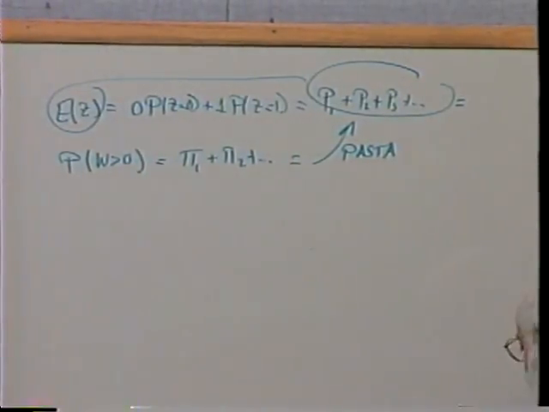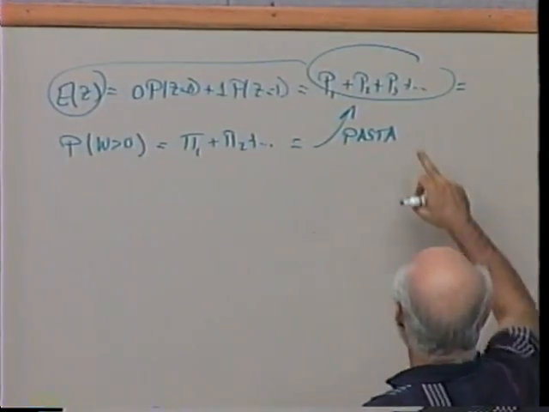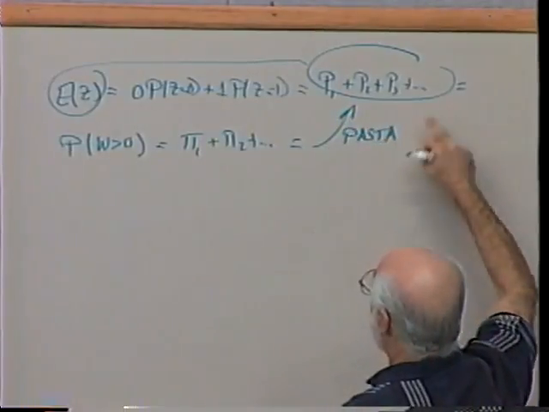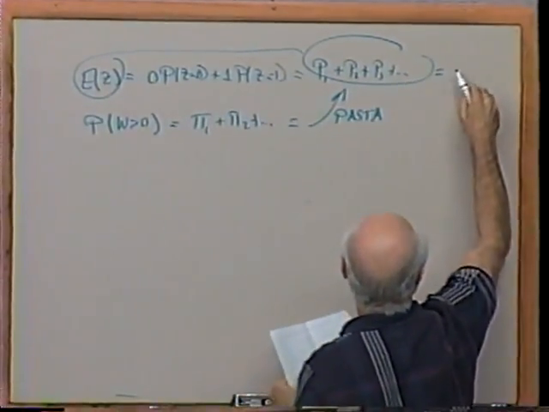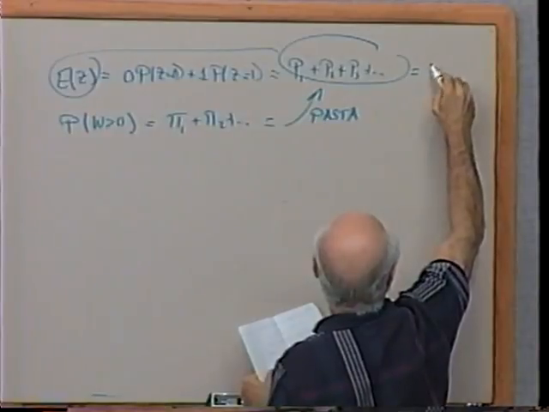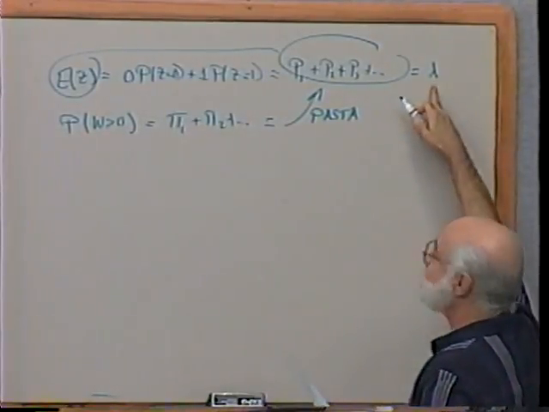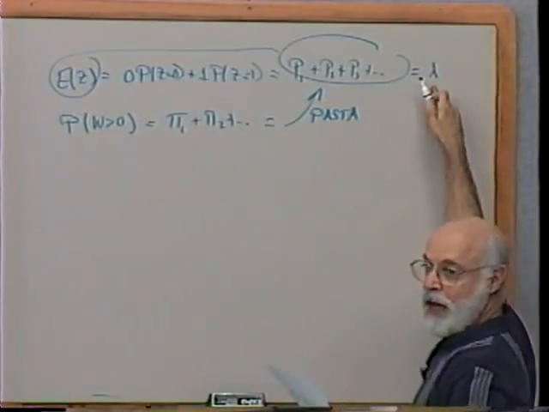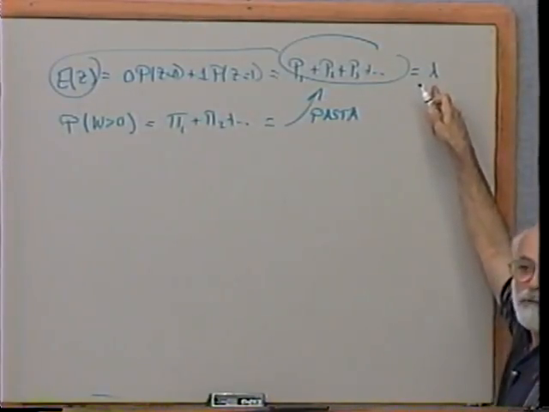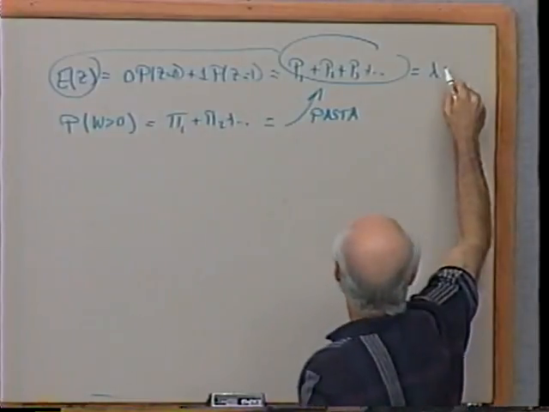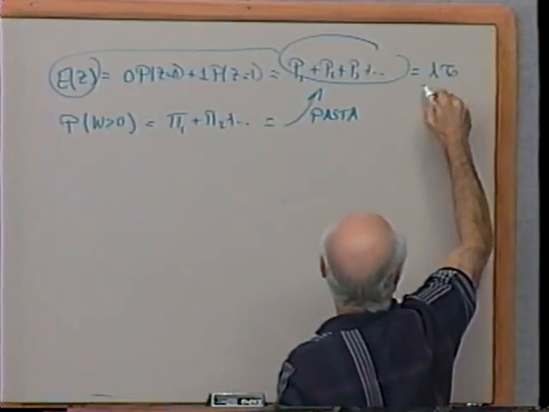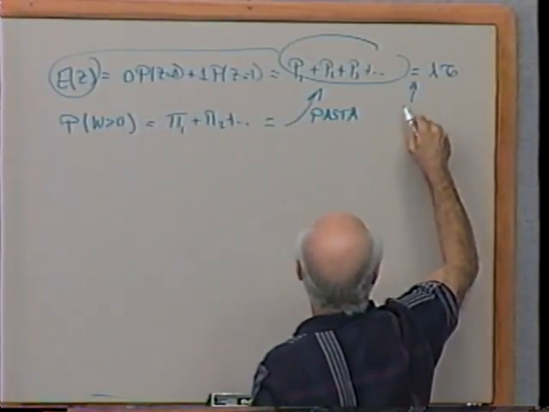So by Little's theorem, the sum of those probabilities is equal to lambda, the rate of entry into the server, times the average time spent in the server. But the average time spent in the server is the average service time, so that's lambda times tau. So this equal sign follows by Little's theorem.